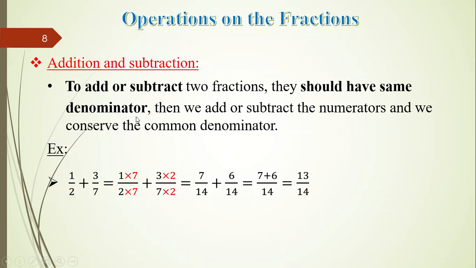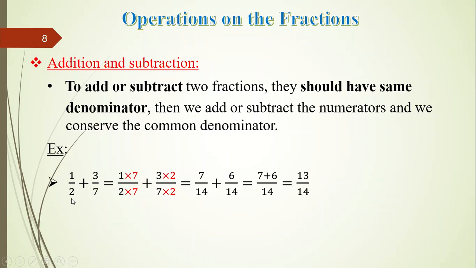For example, if we have 1 over 2 plus 3 over 7, here the first denominator is 2 and the second denominator is 7. To have the same denominator, we should multiply the second fraction by the denominator of the first fraction, and for the first fraction we should multiply the numerator and denominator by the denominator of the second fraction.